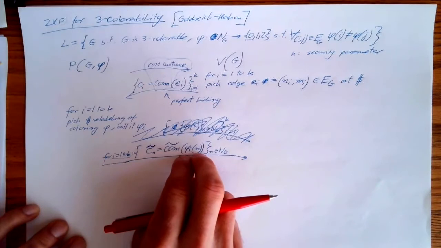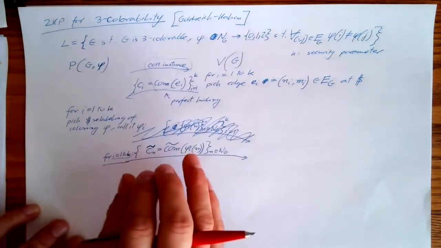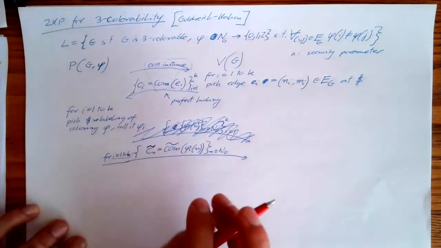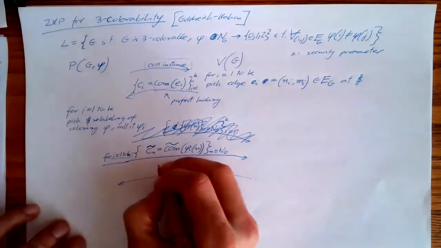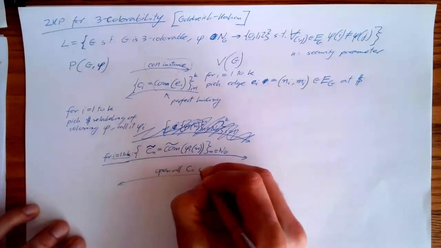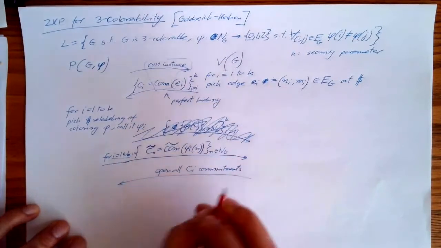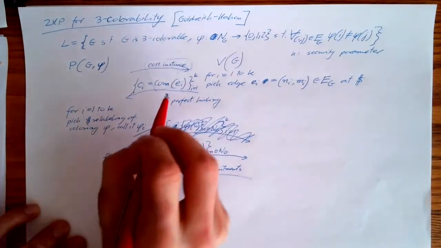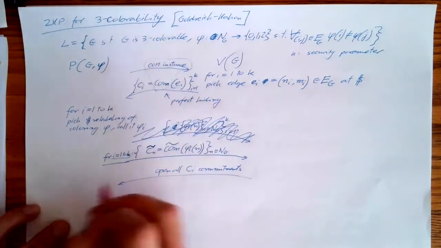This happens in parallel k times. There are k instances of that. So the verifier is now going to open all C I commitments, in other words, sends the decommitments and the actual edges which were committed here.